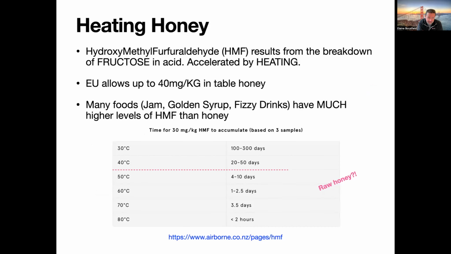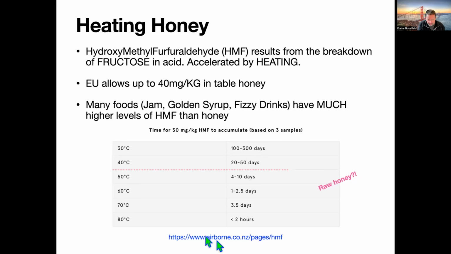On a different subject, but to do with numbers, is the heating of honey and the production of this thing called HMF. The law says that you must have less than 40 milligrams per kilogram of HMF for it to be sold as honey. That's not much. You have way more than that in jam, golden syrup, Coca-Cola, and so forth.